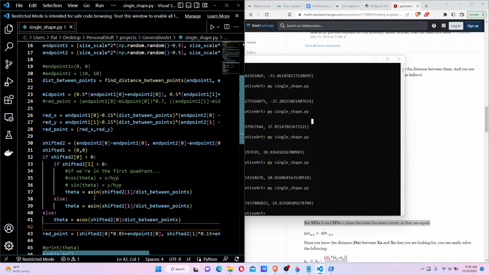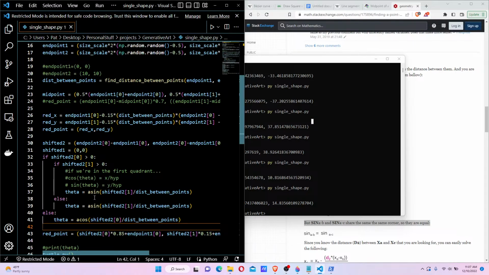Okay, now if we want to put point P1 at 0, 0, now P1 is at x1, y1, point 2 is at x2, y2.